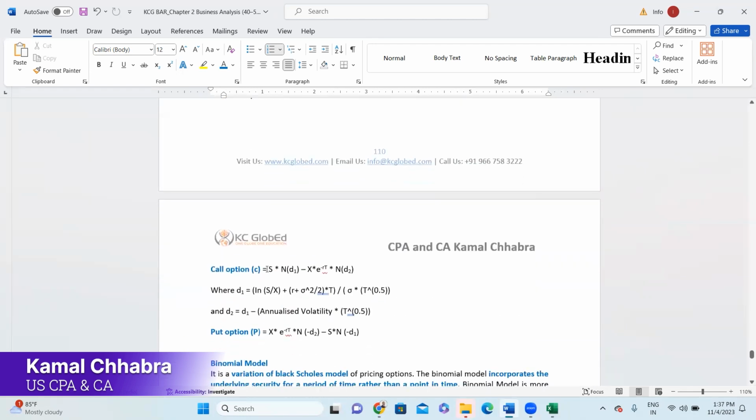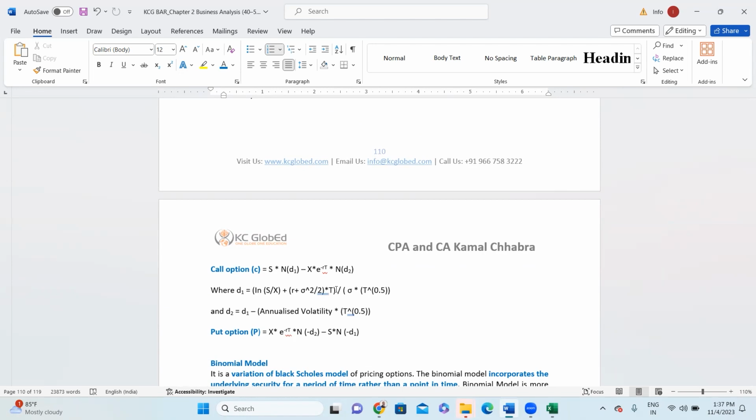So for the call option, the formula is S multiplied by N(d1) minus X times e^(-RT) multiplied by N(d2). Whereas d1 is ln(S/X) plus (R plus standard deviation squared divided by 2) multiplied by T, divided by the standard deviation times T to the power half, right?